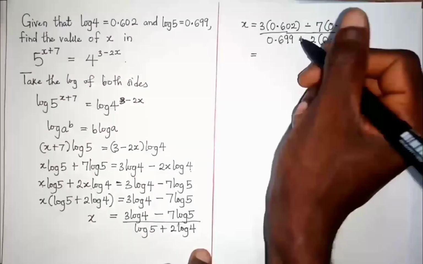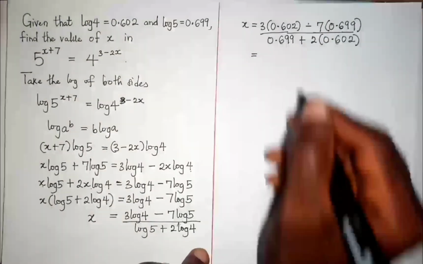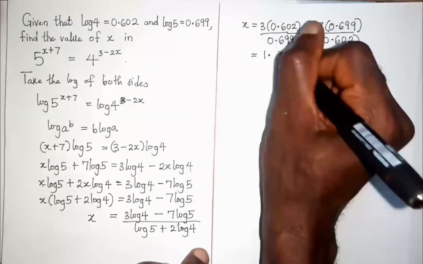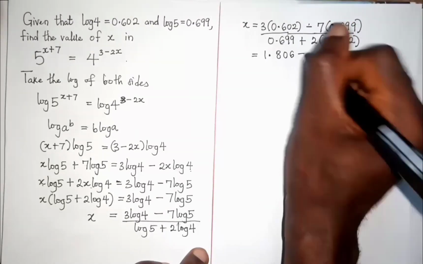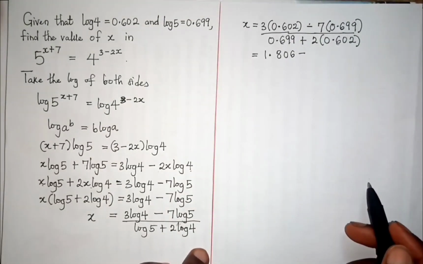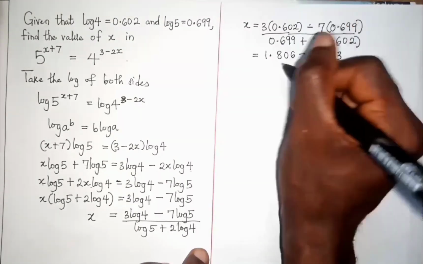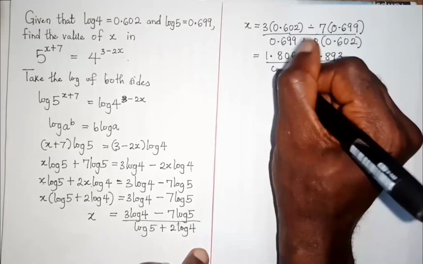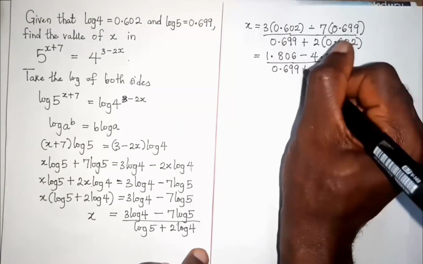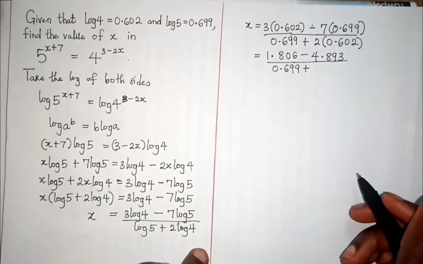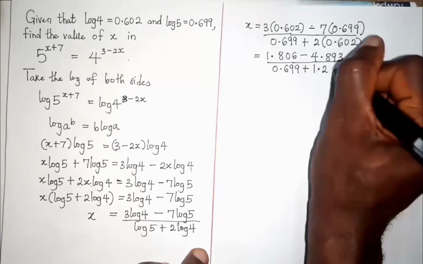So here 3 times 0.602 will give us 1.806, minus 7 times 0.699, which is going to give us 4.893. That is divided by 0.699 plus 2 multiplied by 0.602, which is 1.204.